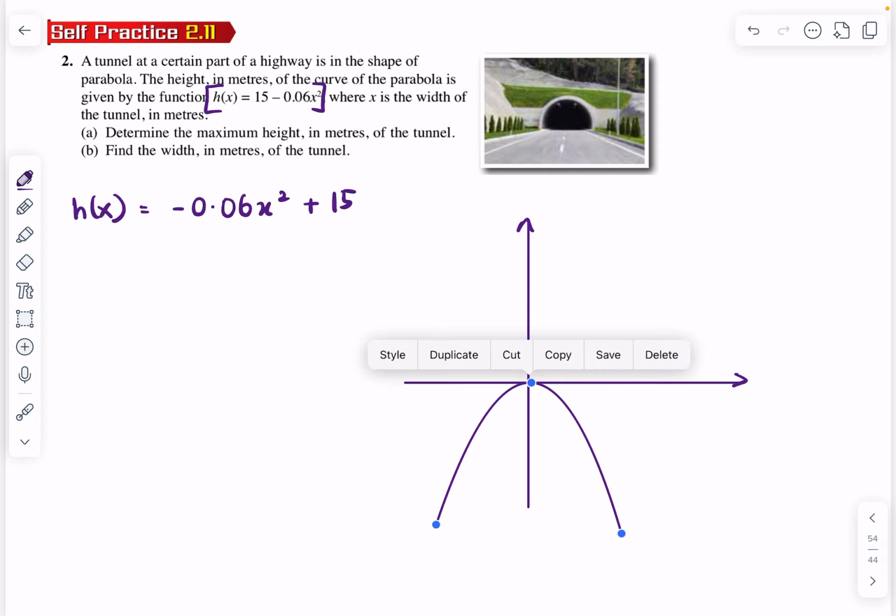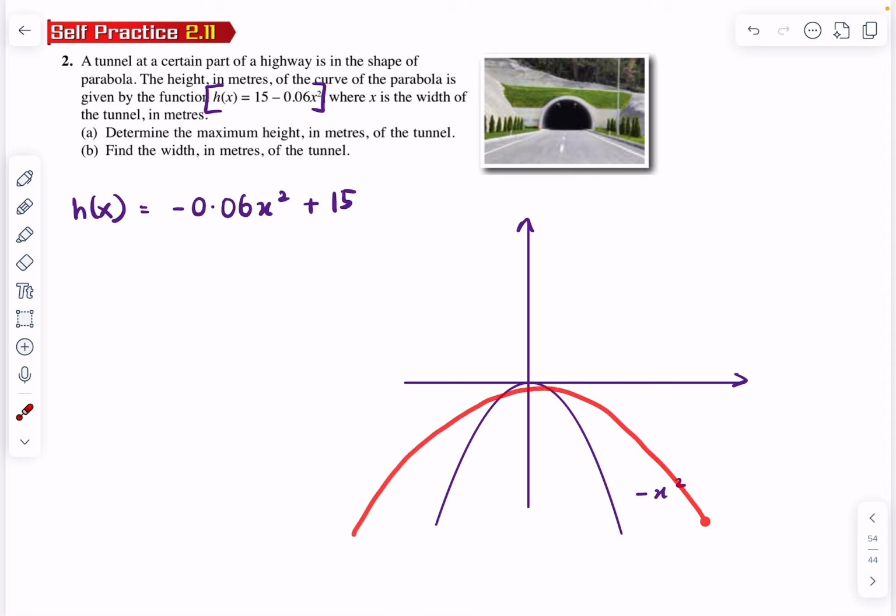Then this is negative 0.06 x square. This a value will just tell us how fat or how thin the graph is. The bigger the a value, the thinner the graph. The smaller the a value, the fatter the graph. But in this case, we don't know how thin or how fat, we just draw the graph.